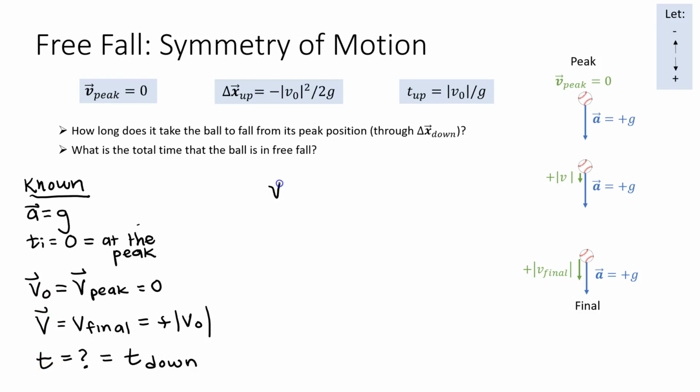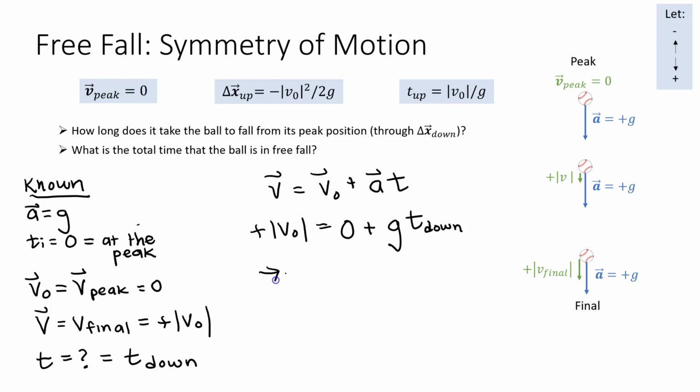And so I want to use v is equal to v naught plus a times t. Plugging in our information here, I have v final, which is plus the magnitude of v naught, is equal to v initial, which was our peak velocity, so that's 0, plus g multiplied by t, which I called t down.